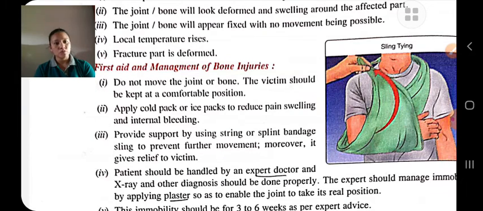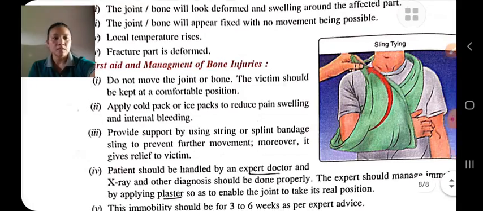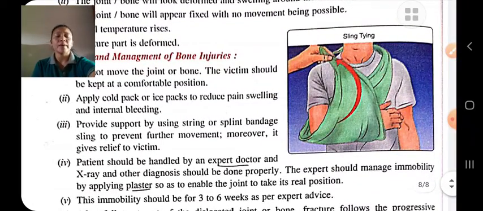The patient should be handled by expert doctors, and an X-ray and other diagnosis should be done properly. The expert should manage immobility by applying plaster so the joint takes its real position.